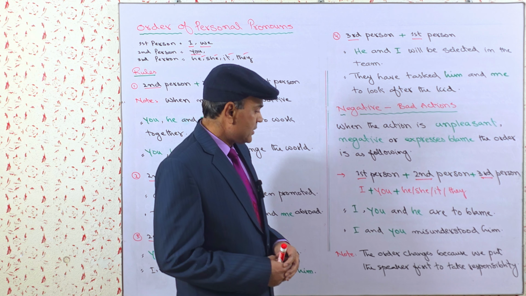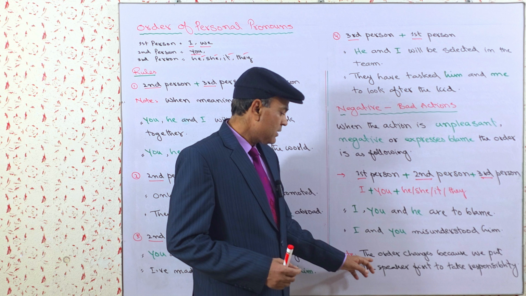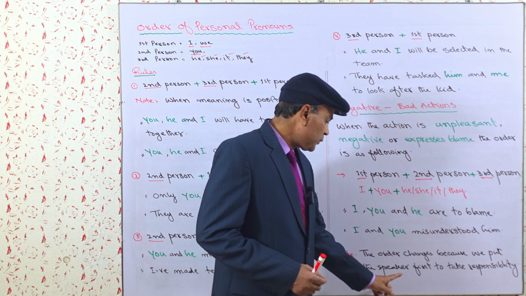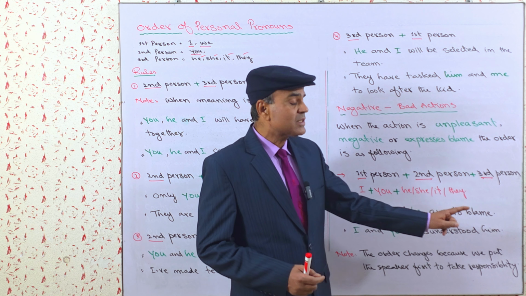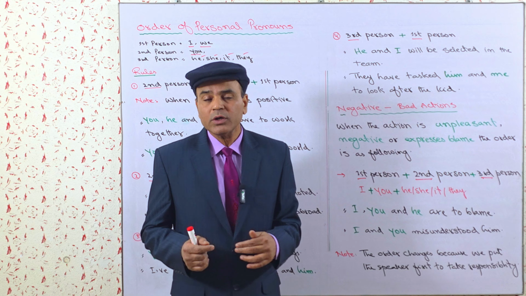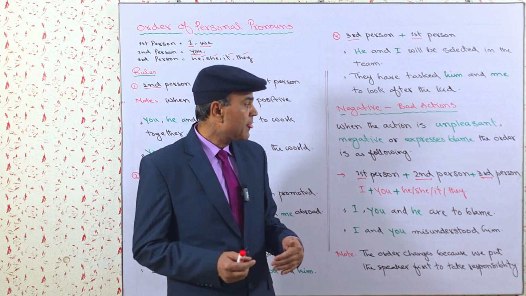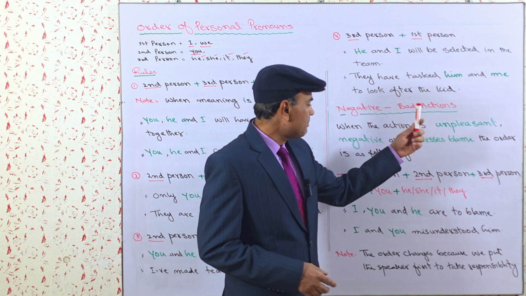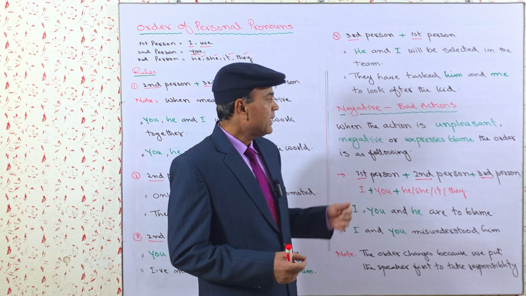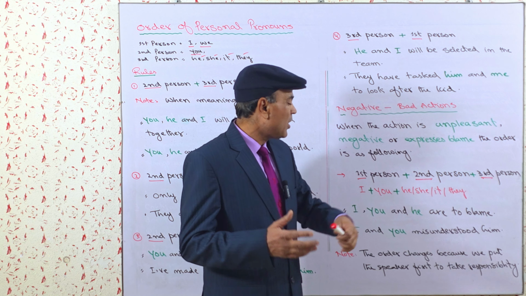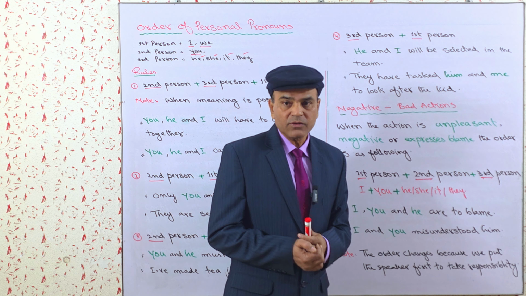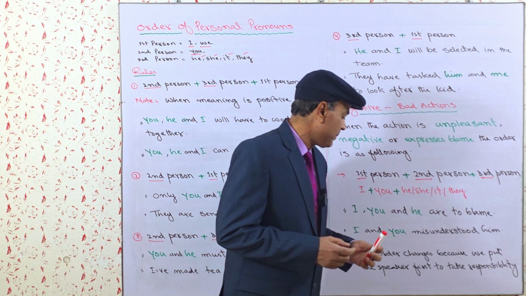The order changes because we put the speaker first to take the responsibility. It means we hold the first person responsible for a certain bad action, unpleasant situation, or blame, or the negative thing that has occurred or happened.